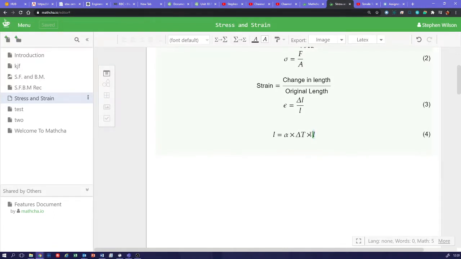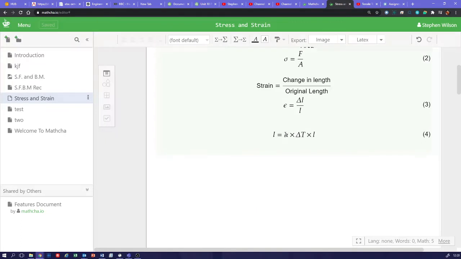That leaves this alpha. This is a Greek letter, small alpha. It's something called the coefficient of linear expansion, and that tells us how much a material expands by per degree per unit length.